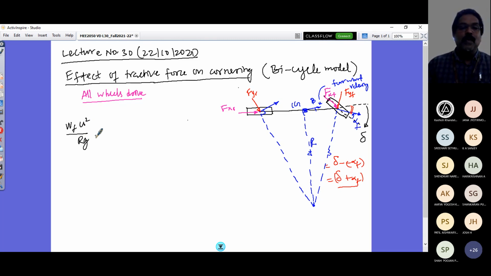That is the centripetal force, and I'm applying Newton's law. This is my effect force, because of that the motion, and that would be given by the force components along which direction? Along the lateral direction, along the lateral direction.